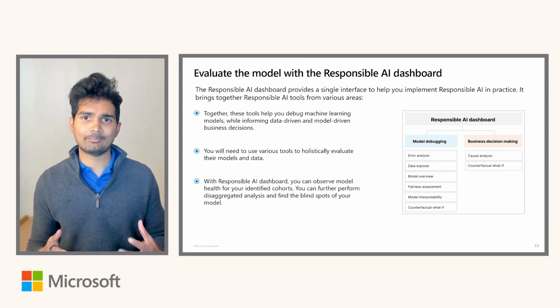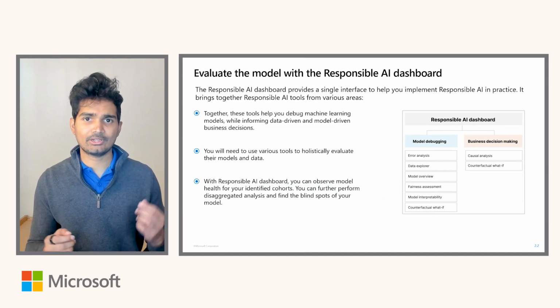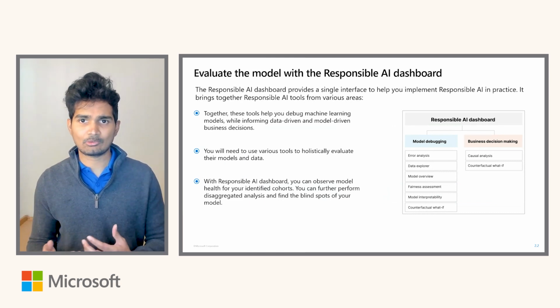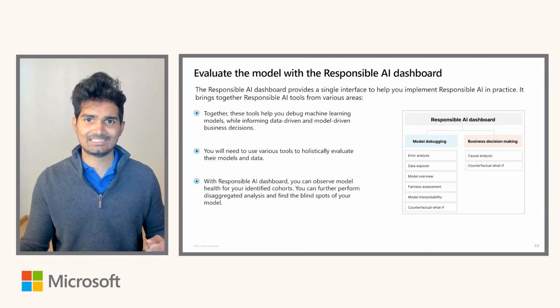Know the tools that are brought together by the Responsible AI dashboard. For error analysis, to view and understand how errors are distributed in your dataset, Data Explorer allows you to explore your dataset distributions and statistics.